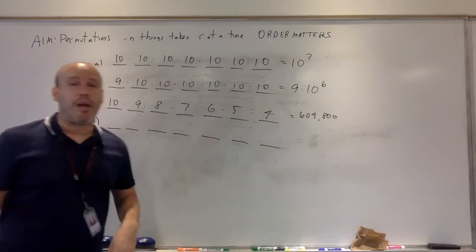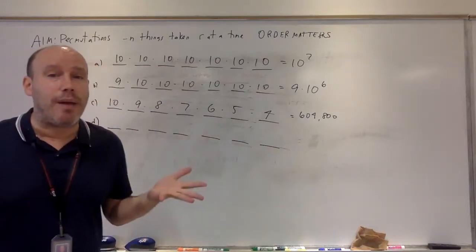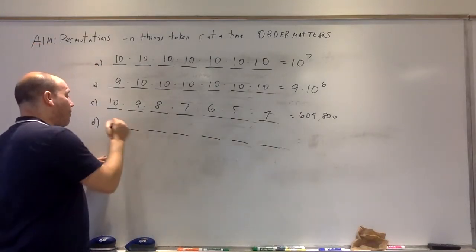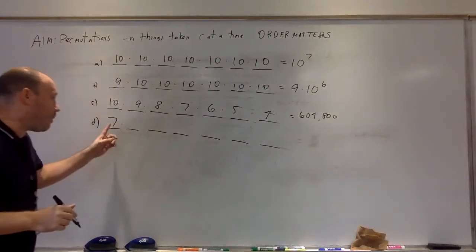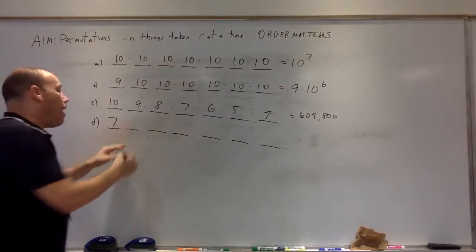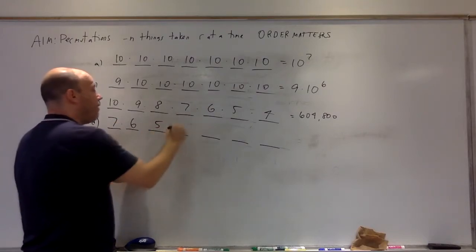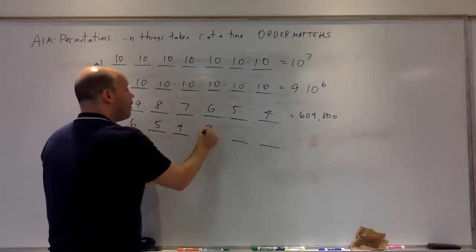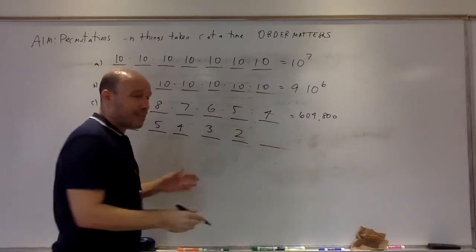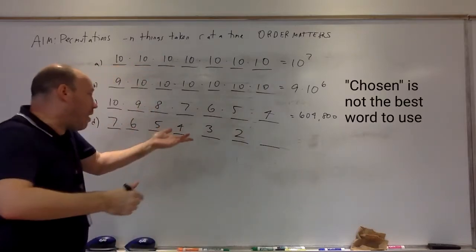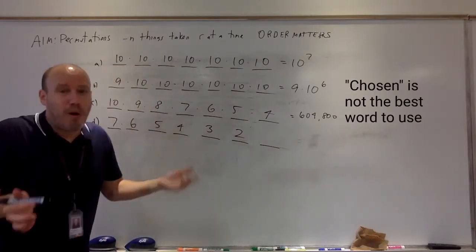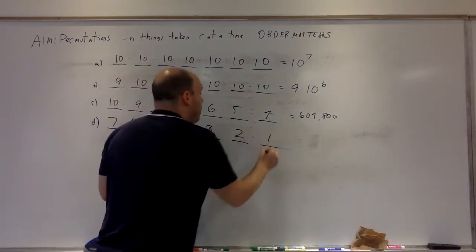I only have the numbers 1 through 7, so I only have 7 numbers. So I have 7 for the first, 6 for the second, 5 for the third, 4 for the fourth, 3 for the fifth, 2 for the sixth, and then after I've chosen 6 numbers out of 1 through 7, I'm just left with 1.